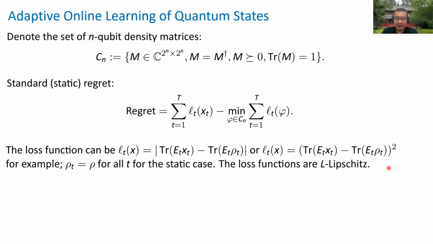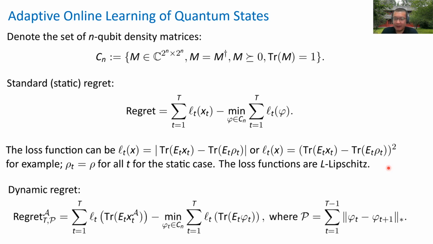So in light of this, it is probably the right time to introduce the definition of dynamic regret. As you can see, the definition of dynamic regret is quite similar to the original regret, the standard online learning scenario. The only relaxation is that in making the comparison to the best possible comparator, we now consider the case where we can change the state, phi_t.